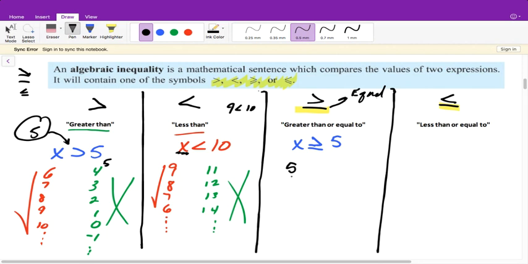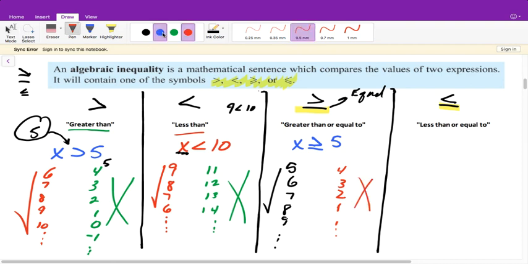So that works. So 6, 7, 8, 9, they are all obviously greater than 5. So they all work and all the way on to positive infinity. All right, but whenever you see the equal to, that also can count as our solution. So here, same thing. If I start doing numbers 4, 3, 2, 1, all the way to negative infinity, none of these are greater than or equal to 5, so none of them work.